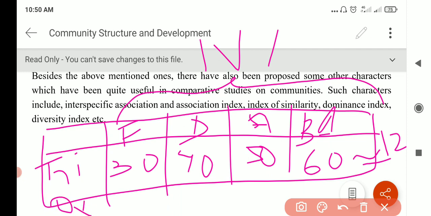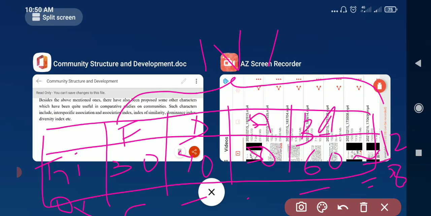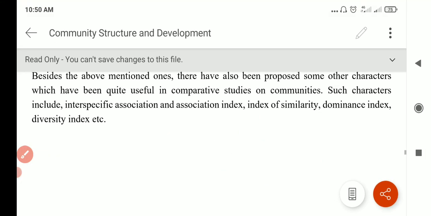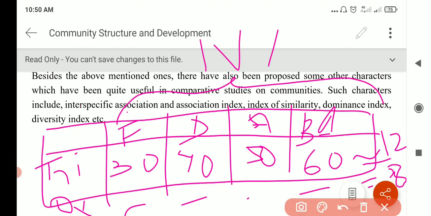Then you found oxalis as, let's say, 90 or 80%. So you will realize that the most important species in that community is your trifolium.